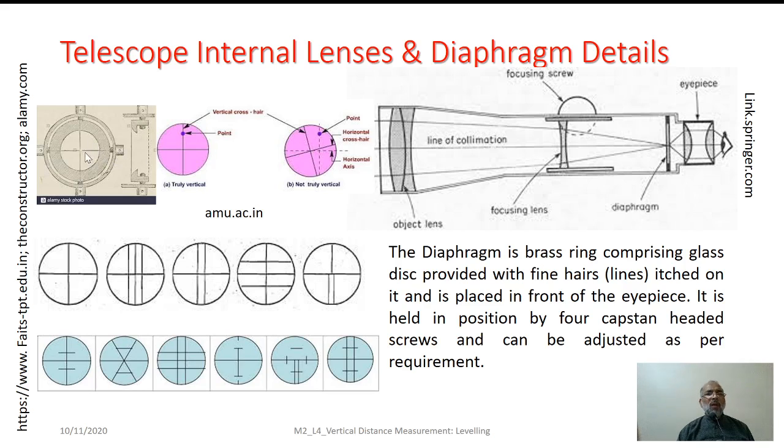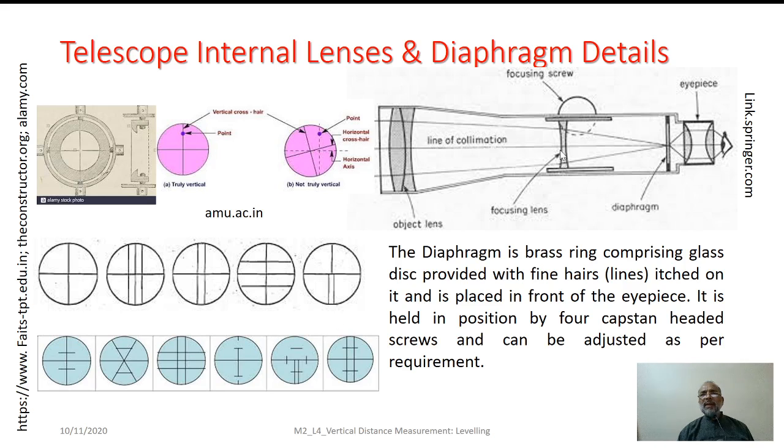We expect always that to be remaining in horizontal and vertical plane. If they are tilted, that can be adjusted by making use of these studs. As I mentioned earlier, this vertical hair and cross hair can be provided in this number of formats.